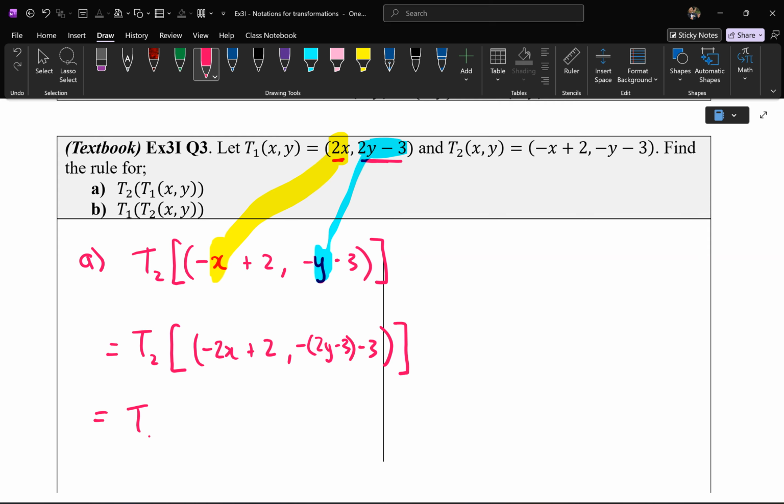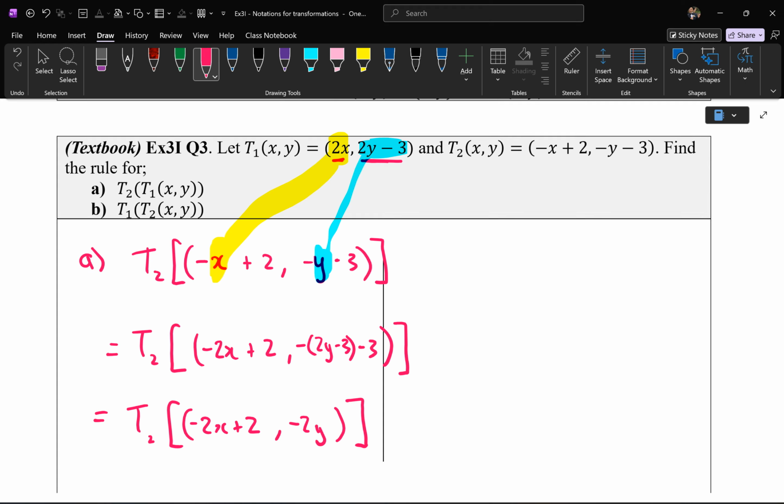Summarizing that, transformation T2 overall, or T2 of T1, should now equal negative 2x plus 2, and this is negative 2y plus 3 minus 3 cancels out. Does that make sense? Okay, so 3I is not hard, it's just learning to read the notation.